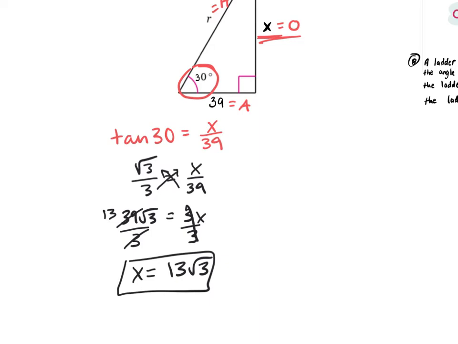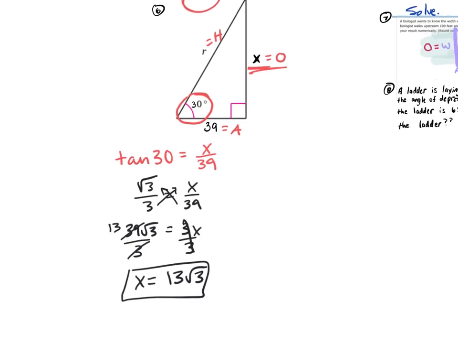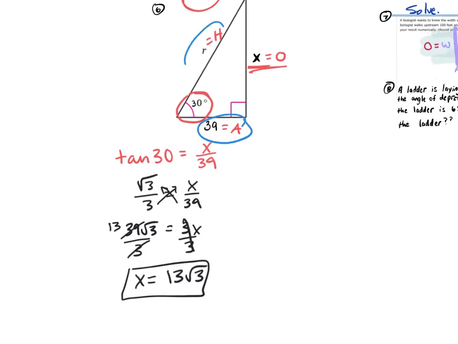So we can use adjacent, and r is our hypotenuse. So what involves adjacent and hypotenuse? Cosine. So we're going to find the cosine of 30, which is equal to adjacent, so 39 over hypotenuse, which is r.